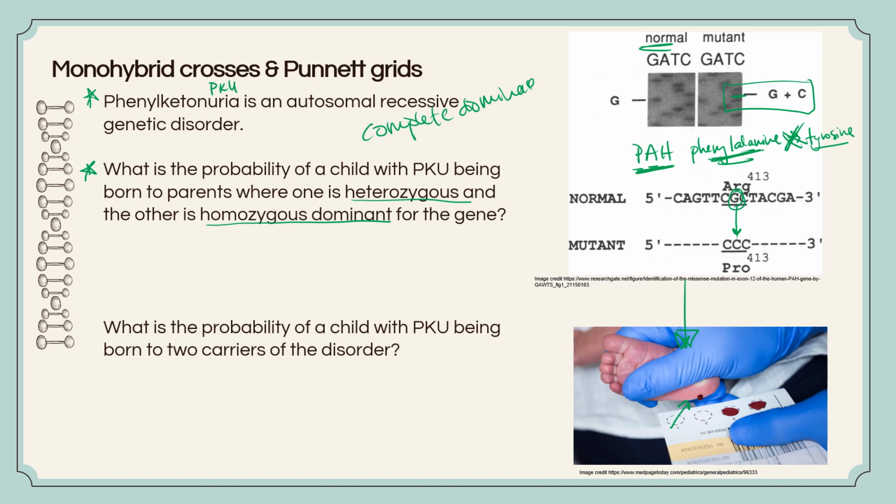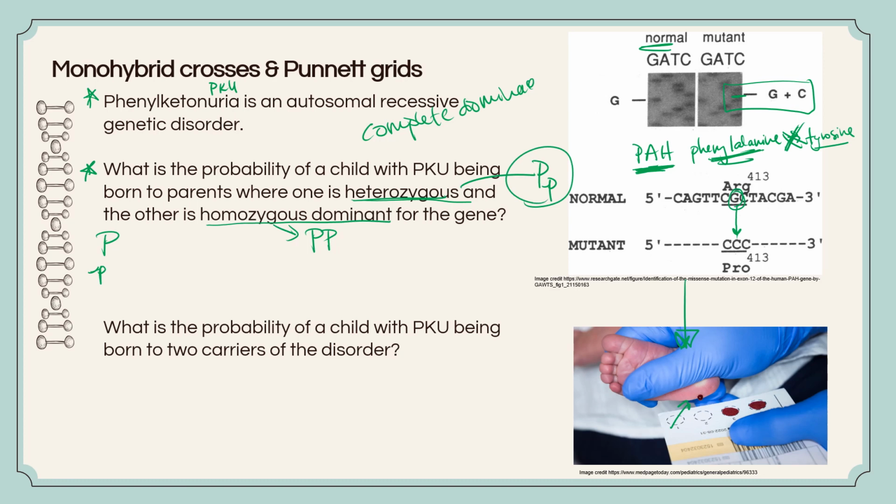So since we're looking at this phenylalanine hydroxylase protein, I'm going to choose big P for my dominant normal trait and lowercase p for my recessive trait. This parent is heterozygous, so it's going to be big P, little p. This parent is homozygous dominant, big P, big P.